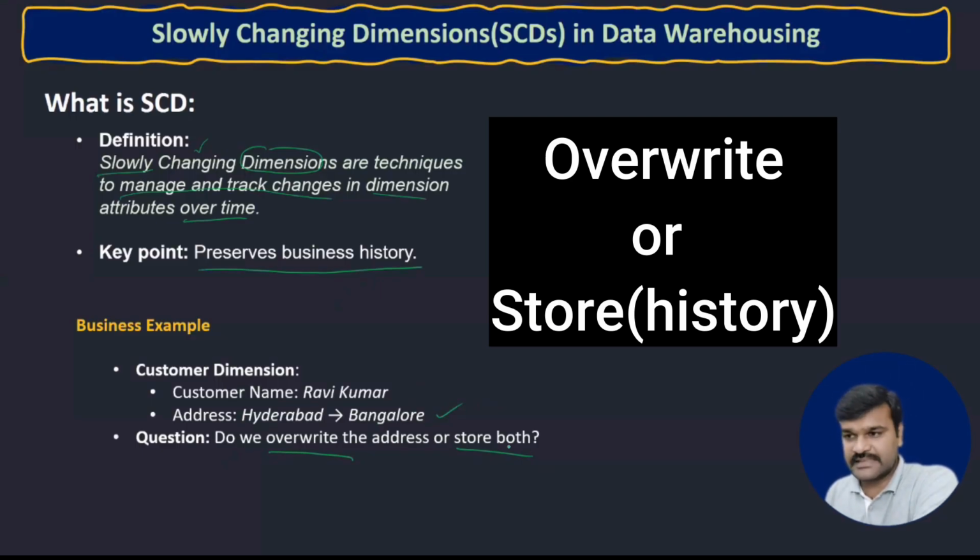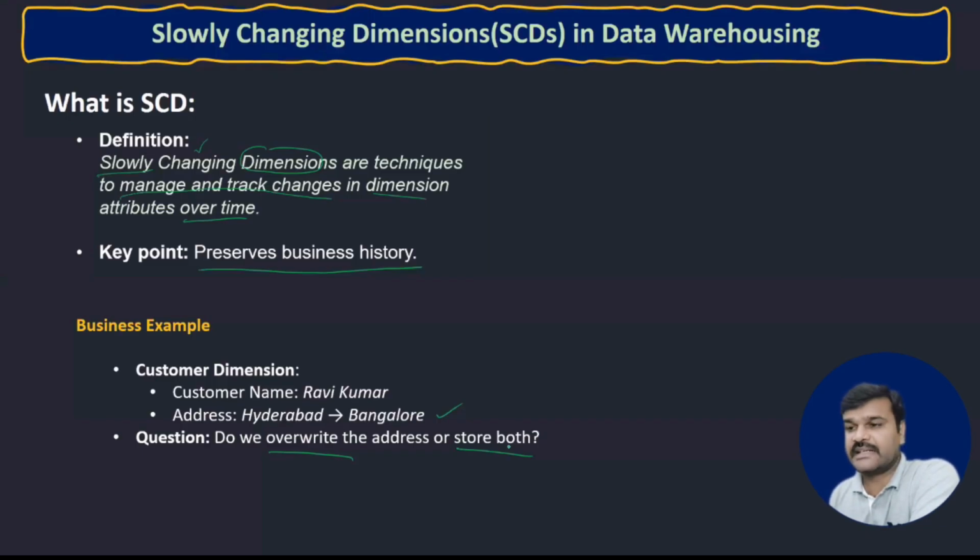So hope it is clear what SCD is, after understanding dimension tables. In the dimension tables data will be there, but that data is not going to change very continuously, but definitely here and there data is going to change, like product names, prices, a customer address, mobile numbers, anything can change in the dimension tables.